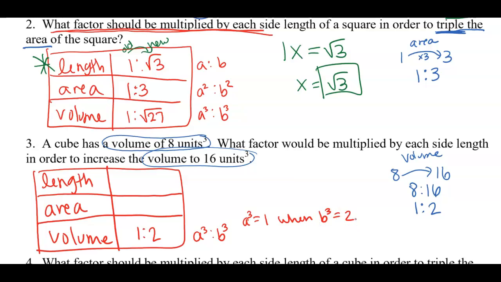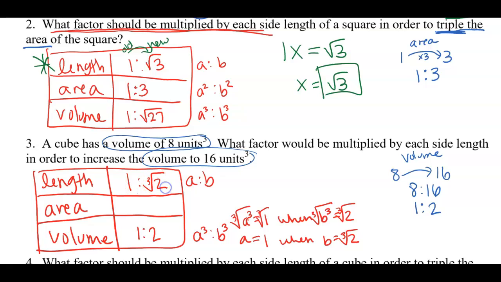If I want to know what A and B are without the cubing, I would have to cube root them, giving me that A is like 1 when B is like the cube root of 2. Okay? Those A's and B's by themselves relate back to length.